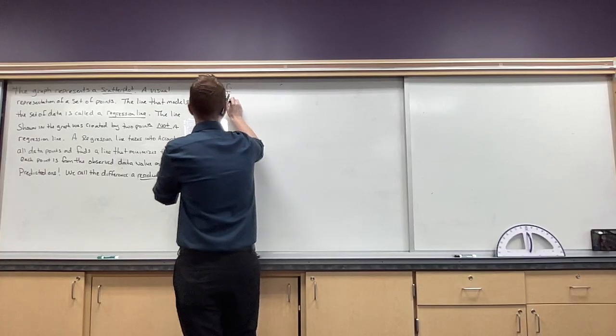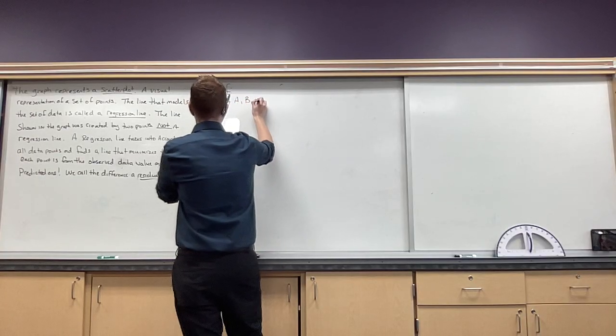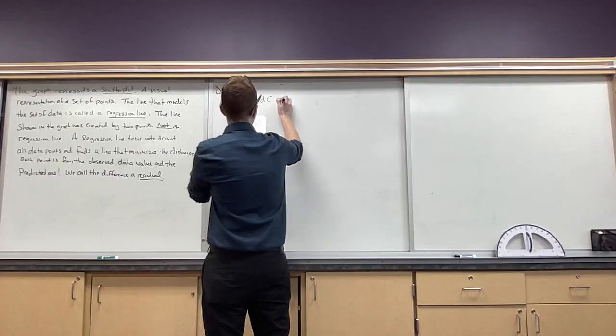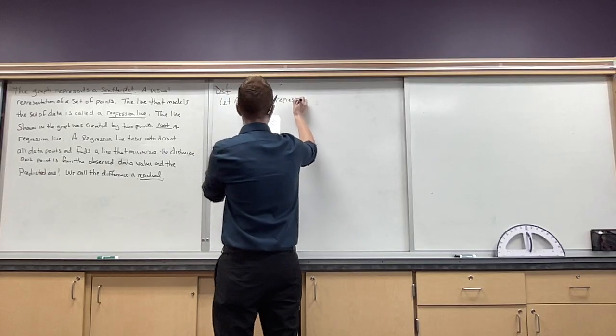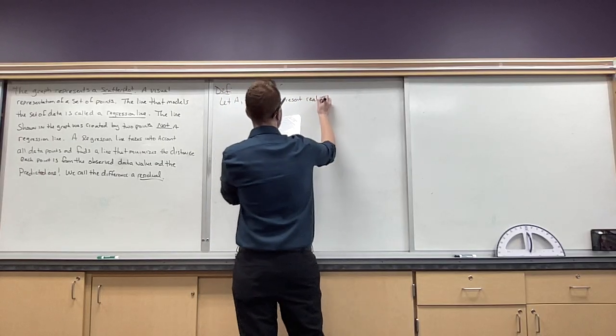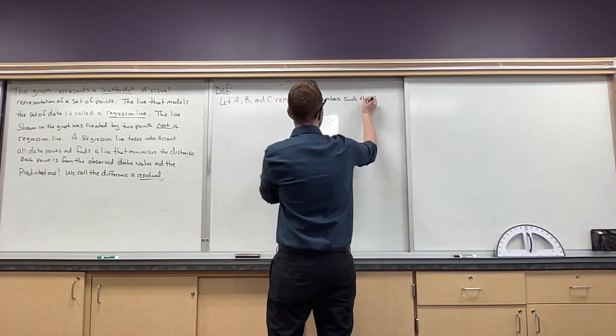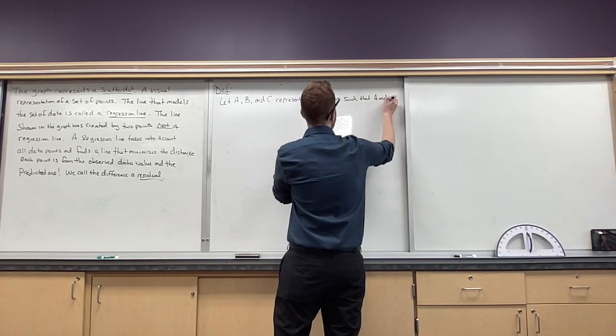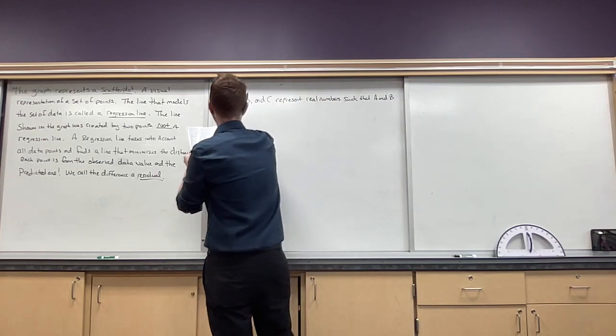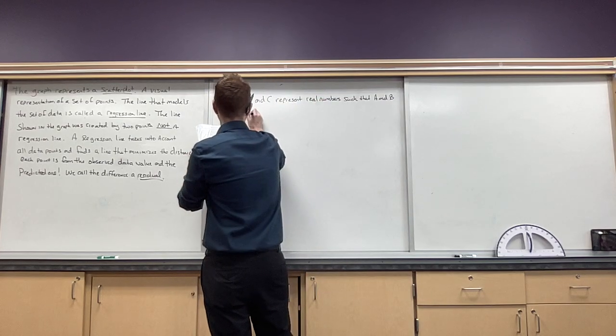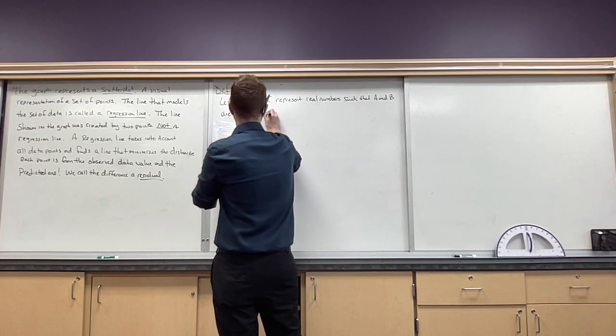Okay, so here we go. Definition. Let A, B, and C represent real numbers such that A and B are not both 0.